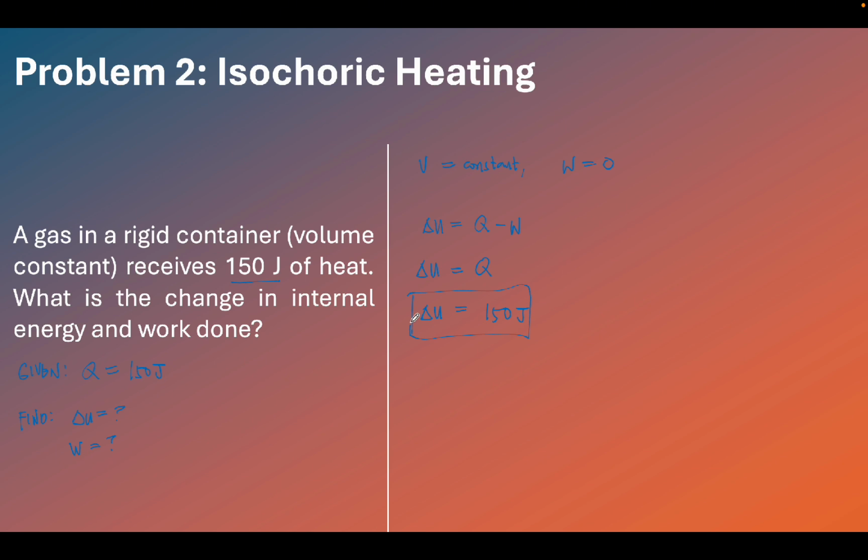As long as you remember the different thermodynamic processes, I think it's a little bit easier in solving problems like this one, because if you cannot remember that when V is constant, work is equal to 0, then how can you solve for the change in internal energy and also the work done? So again, we must remember every detail of each thermodynamic process.